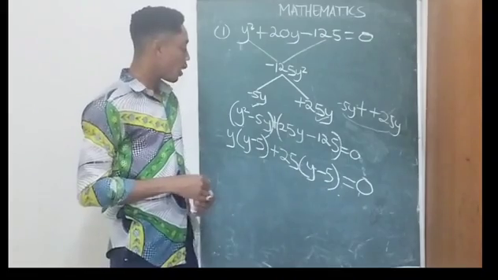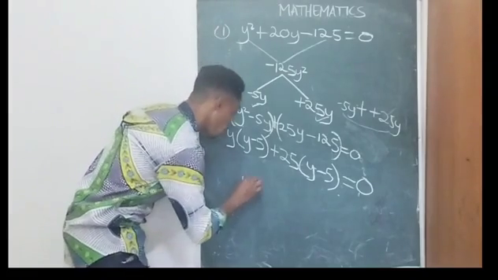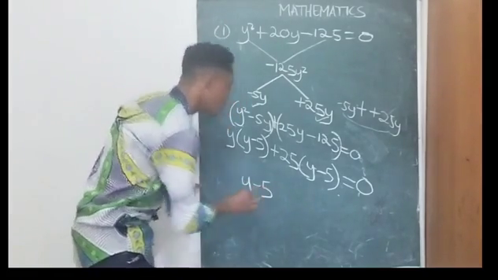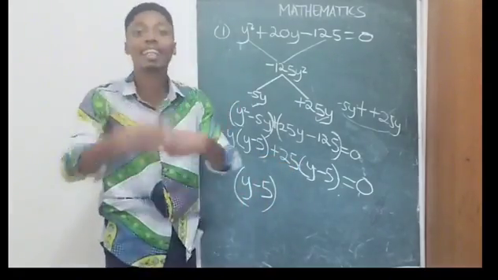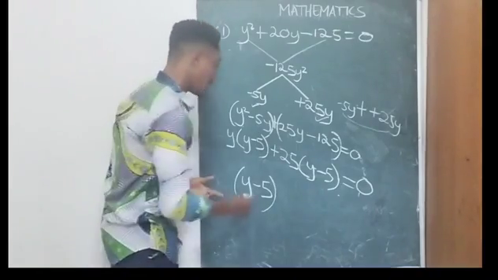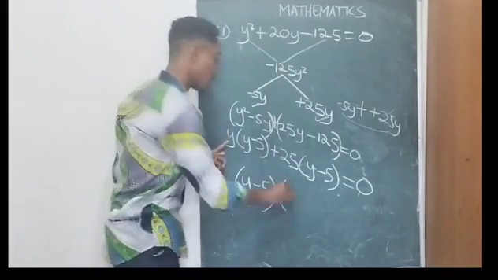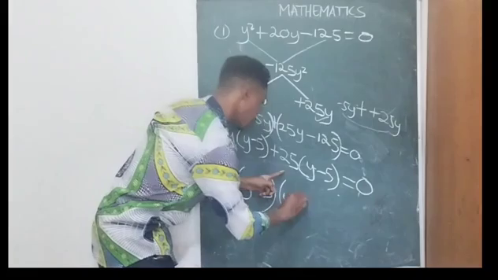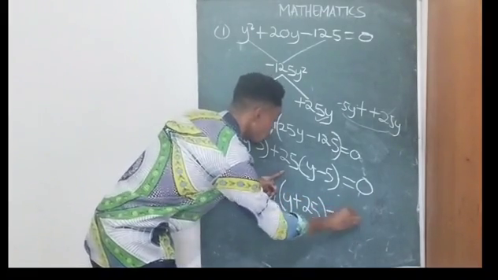So the highest common factor here is y minus 5, and we factorize again. We open another bracket for what we have outside, which is y plus 25, equals 0.